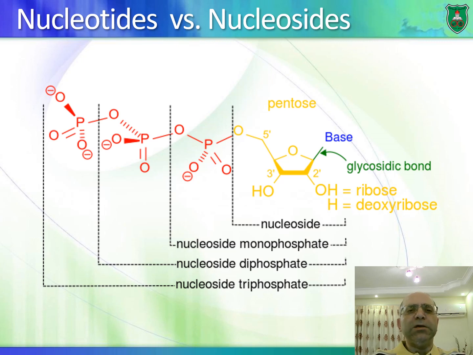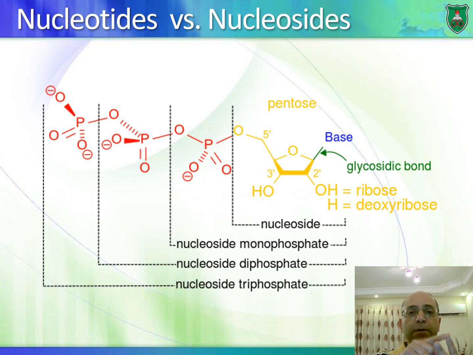Let's learn a few terms in here. I said that nucleotides make up DNA and RNA. So what is a nucleotide? A nucleotide is basically a molecule that is composed of 3 components: the sugar, the pentose sugar, the nitrogenous base, and number 3, the phosphate.